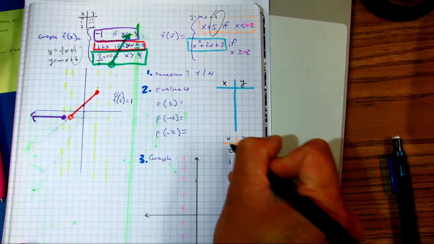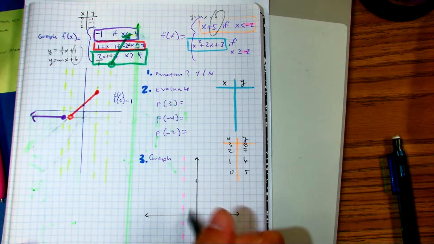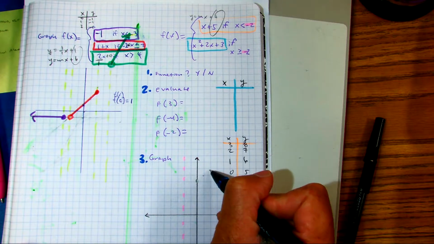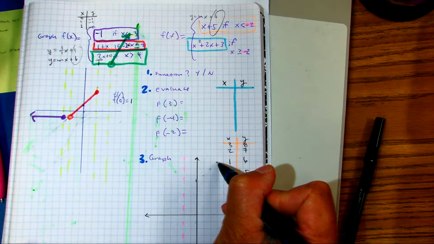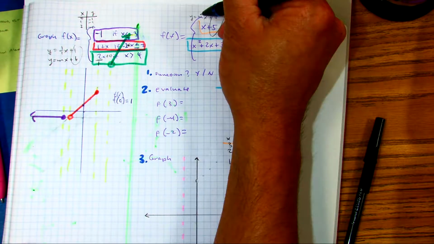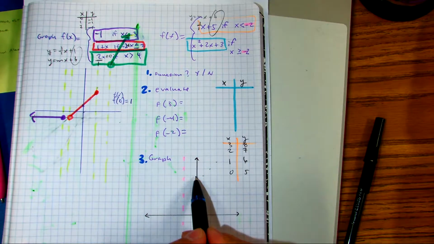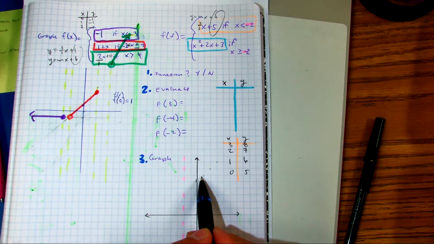All right, that's enough. So 0, 5, 1, 6, 2, 7, and 3, 8. You'll also notice that your slope here is 1 over 1. A rise of 1, run 1. Does that make sense? Rise 1, up 1.